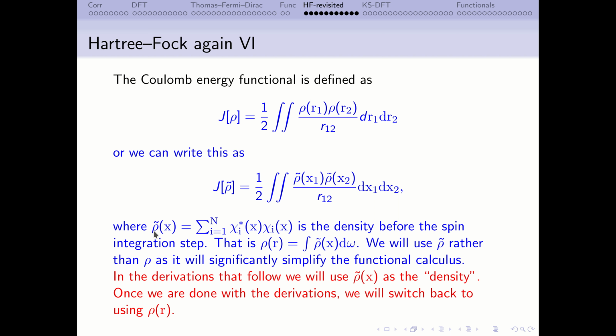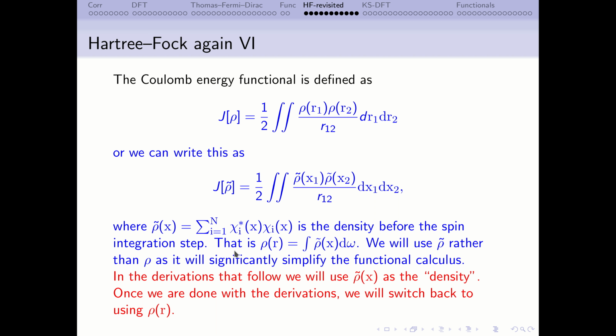Instead, we will work with rho tilde of x, where x, just to remind you, is a composite coordinate. It contains r and the spin coordinate, so the spatial and spin coordinate in there. So rho tilde of x is defined as the sum i from 1 to n of chi-i star x chi-i x.